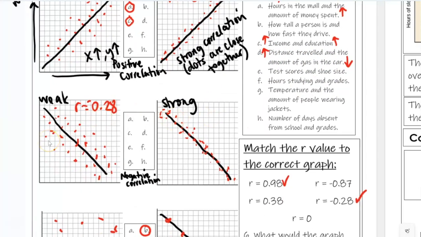Let me write that the way we wrote it here. As X is going up, what is Y doing? Y is going down. So we have a negative correlation for the distance traveled and the amount of gas in the car. So we're going to circle D. Please go ahead and finish E, F, G, H. Let's practice.